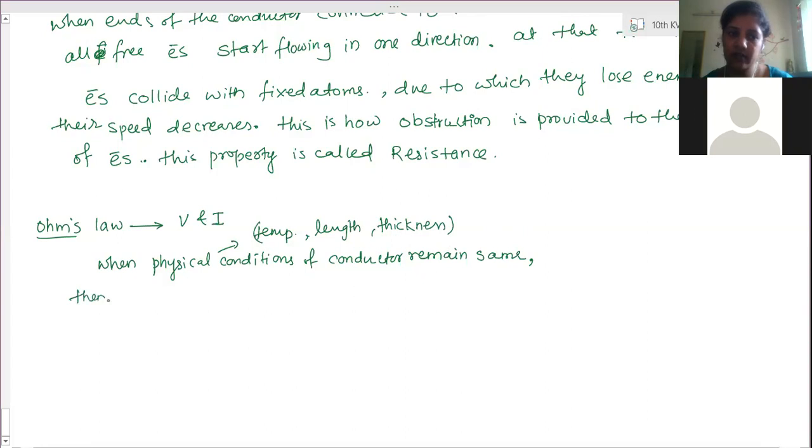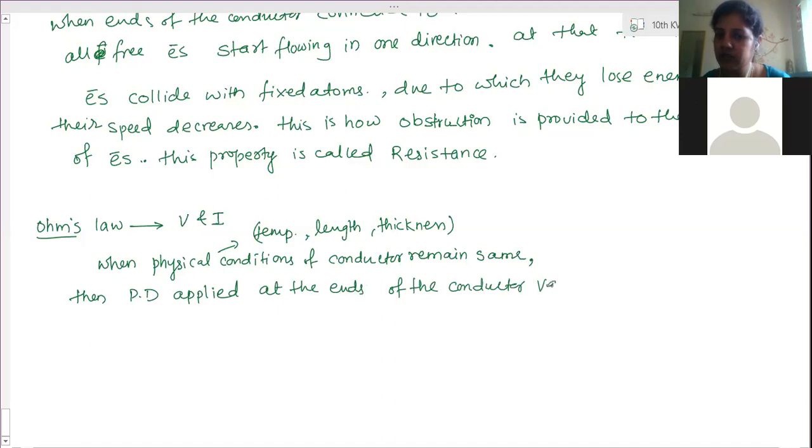Then the potential difference applied at the ends of the conductor varies directly as the current flowing through the conductor.